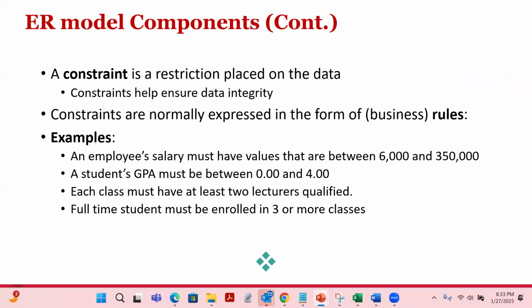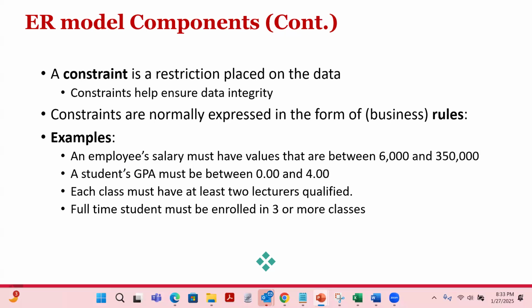And there is one more important component, and that is a constraint. A constraint is a restriction that we add to data that explains how data processes must be managed. It also helps us to keep data integrity.